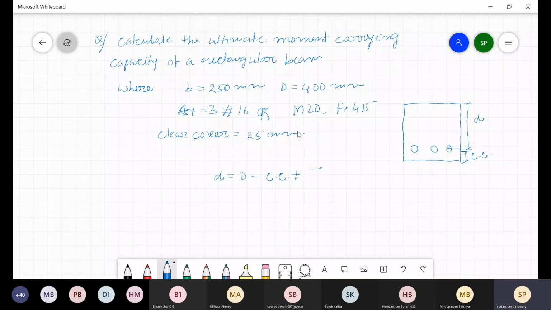D is how much? 400. Clear cover is how much? 25. Diameter is 16, by 2.